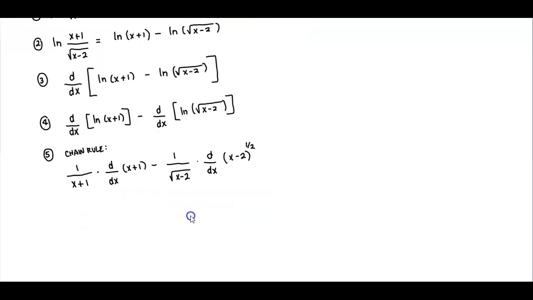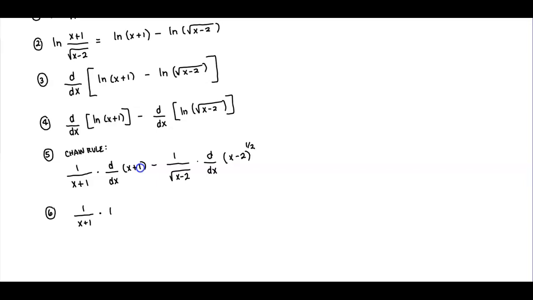Now let's go ahead and write the next step. So we have 1 over (x + 1). What is the derivative with respect to x of x? Well, that's 1. The derivative of 1 is 0.